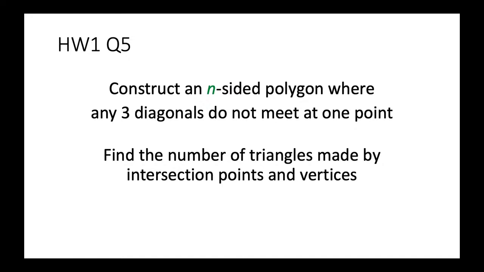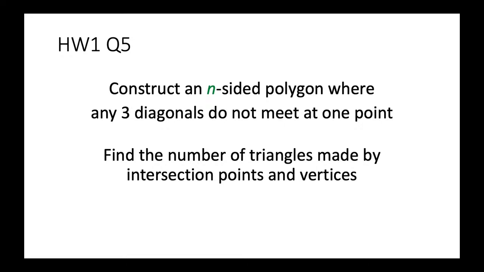These diagonals and edges together form a triangle whose vertices are original vertices in the polygon. So this is one type of triangle that we can count exactly. There are how many of them? There are n choose 3 of them.